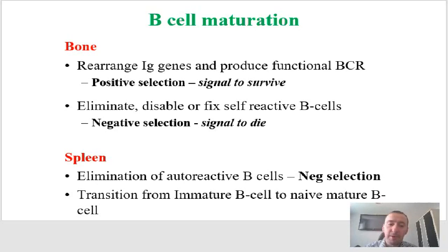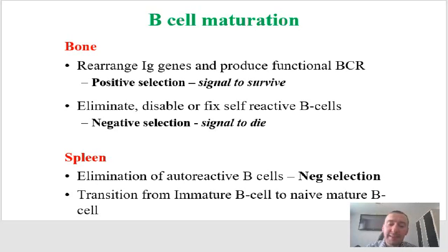Now, whilst there are a number of B cells that can escape that negative selection and still respond against self-antigen, the immune system has this security net. When the immature B cell leaves the bone marrow, it arrives at the spleen. And of course, there's some evidence to say that it can also arrive at the tonsils for this next stage.